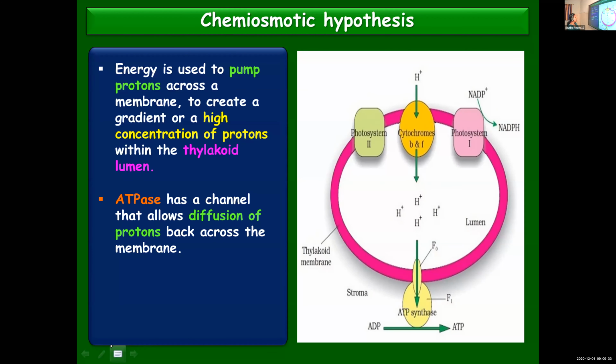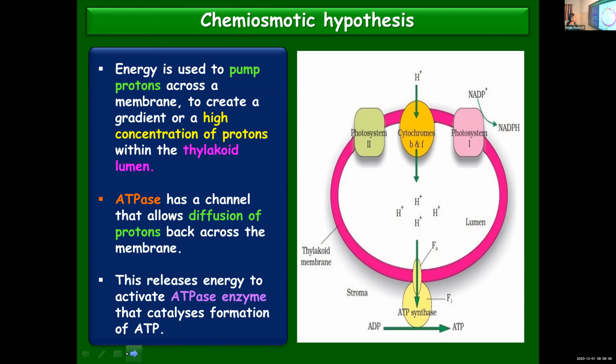ATPase has a channel that allows diffusion of protons back across the membrane. This releases energy to activate the ATPase enzyme that catalyzes the formation of ATP.